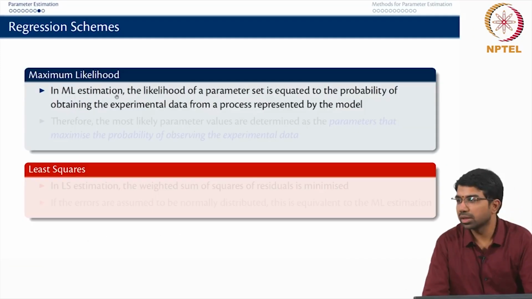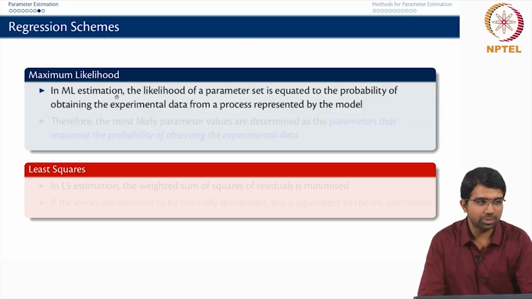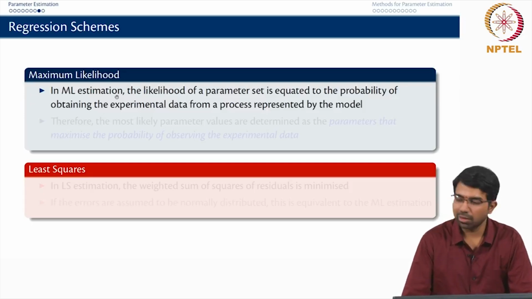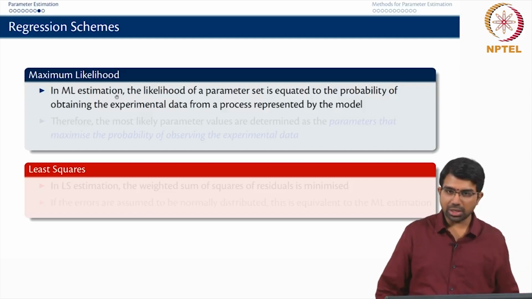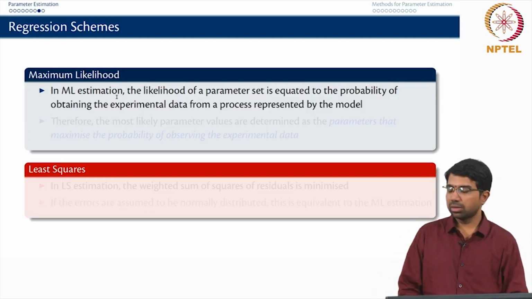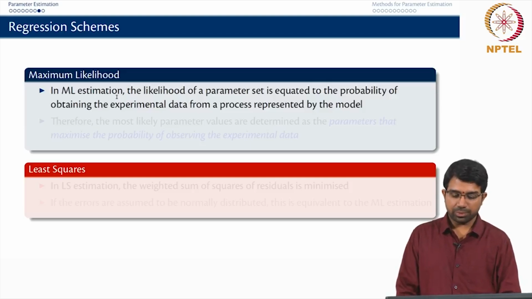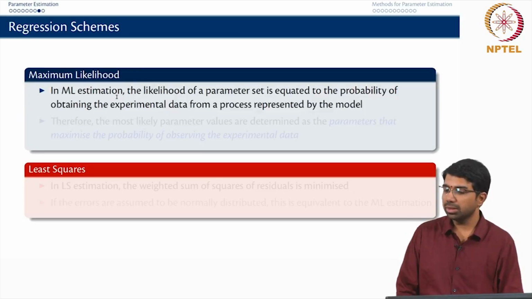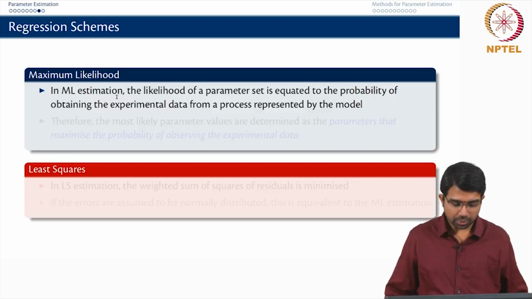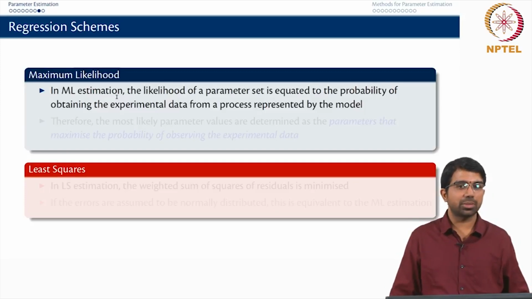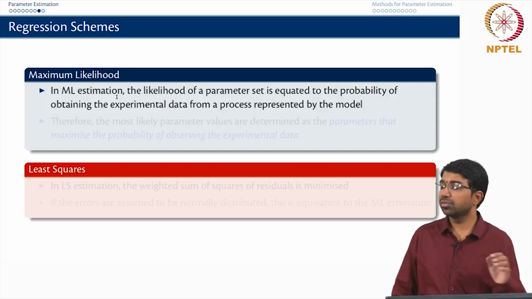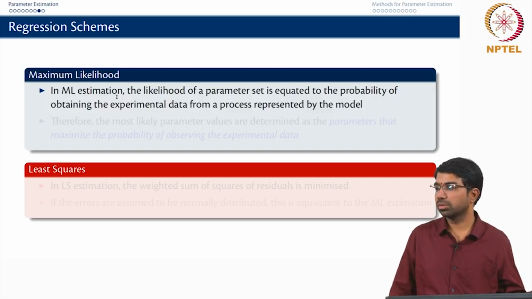So we were looking at regression schemes. There are two types of regression schemes. One would be maximum likelihood, and of course you all know least squares. In maximum likelihood estimation, how we estimate is we try to maximize the likelihood of a parameter set. So you want to find that parameter set that has the maximum likelihood. The likelihood of a parameter set is equated to the probability of getting the experimental data if this were the parameter set for the model, right.